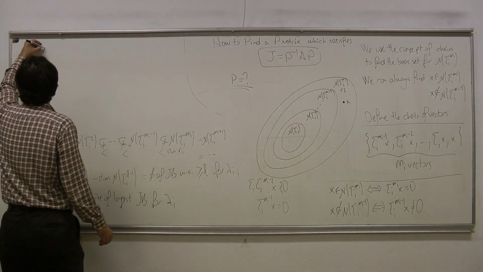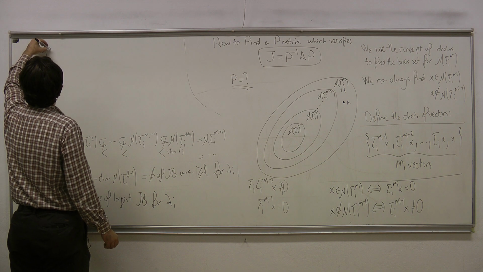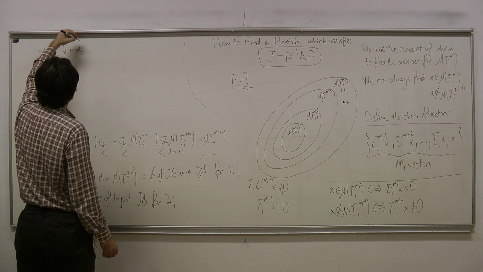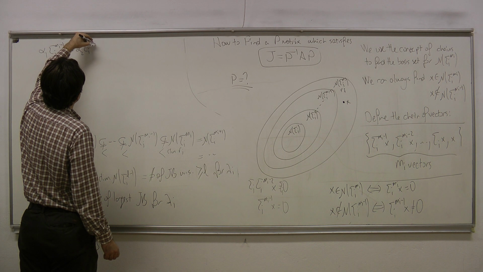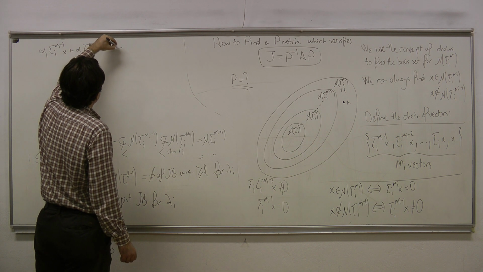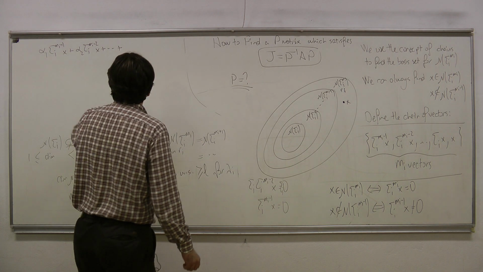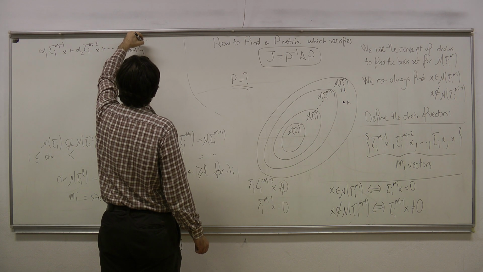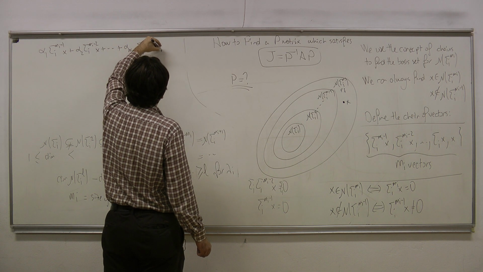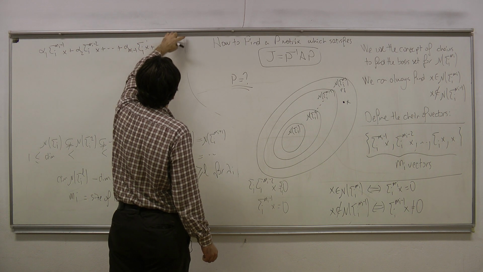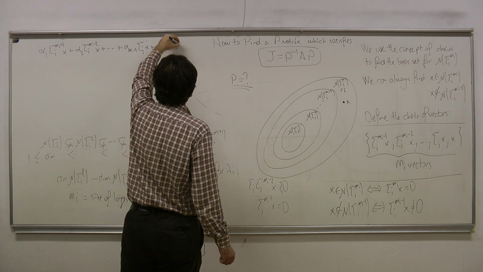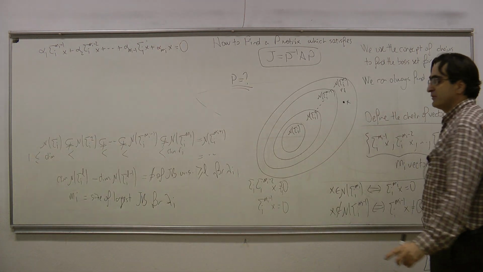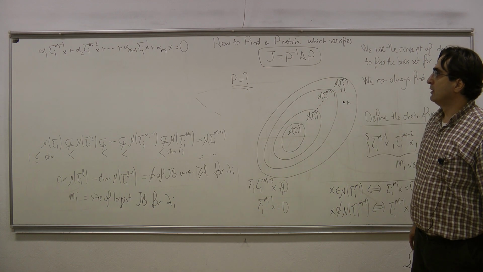So let me write here alpha 1 sigma I to the mi minus 1 x plus alpha 2 sigma I to the mi minus 2 x going until I would have here alpha mi minus 1 sigma I x plus alpha mi times x is equal to 0. I equate an arbitrary linear combination of these vectors inside this chain to 0.